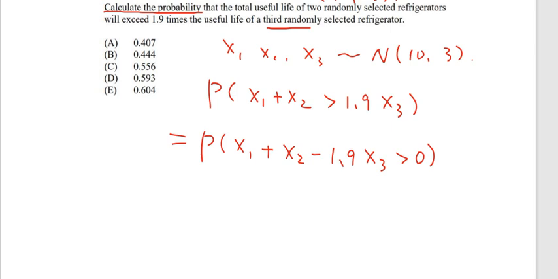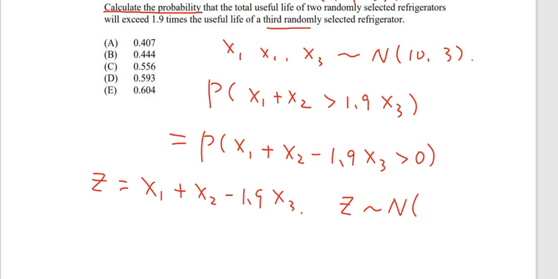So we let z equal x1 plus x2 minus 1.9 x3. What is the distribution for z? Normal plus normal, normal minus normal is still normal, so z will follow a normal distribution.